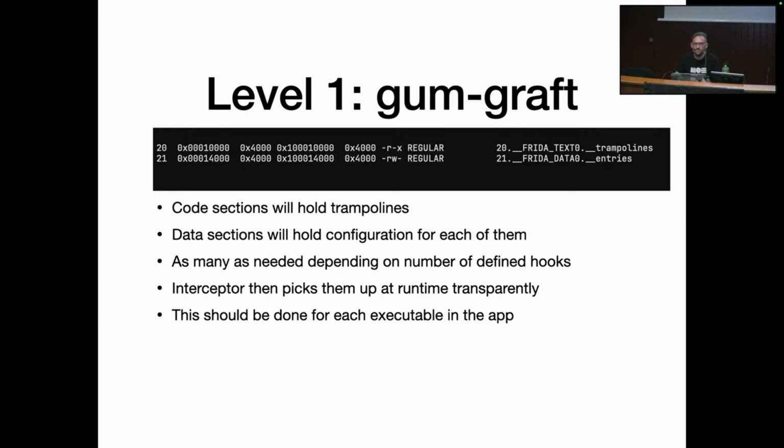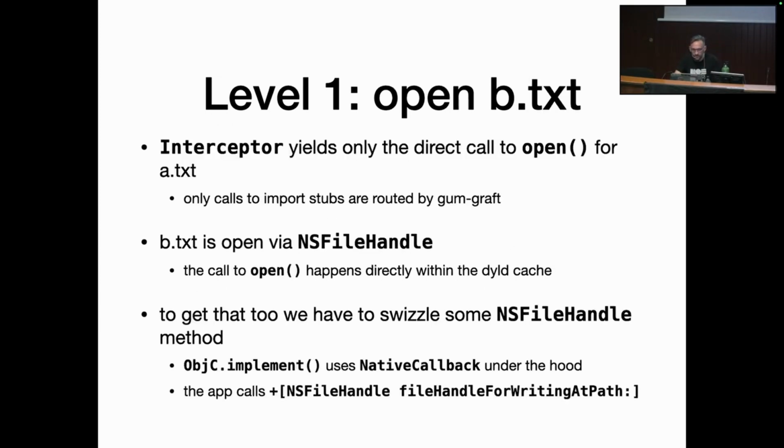And the more hooks you place, the more segments you will have. And that's it. So if the binaries of the app are prepared in this way, at runtime Interceptor will pick this up automatically, so you don't have to do anything different in your code, and Interceptor will work for the things you have prepared with grafting.